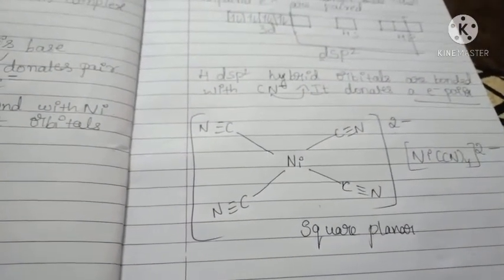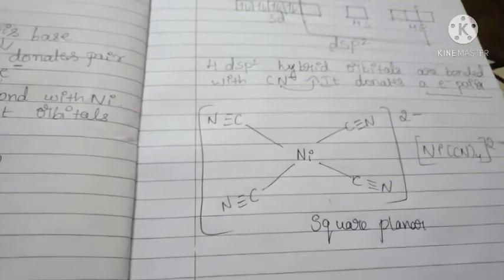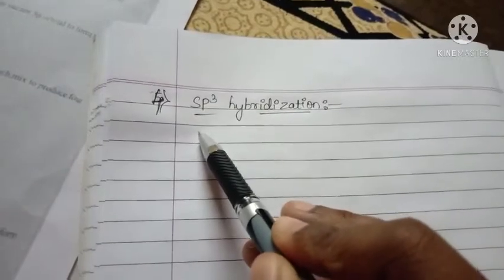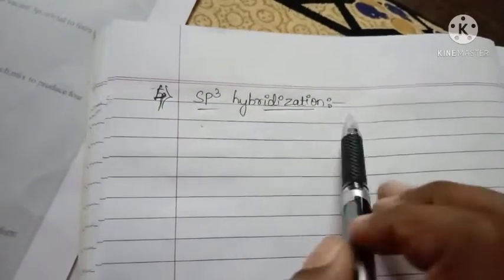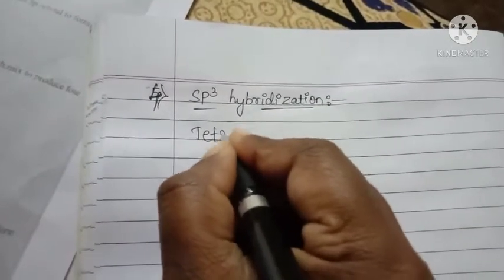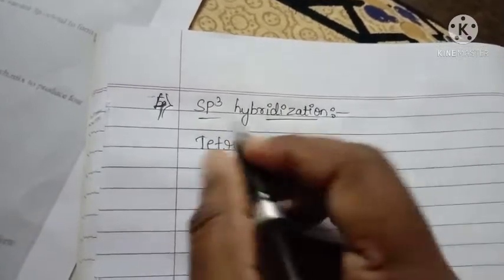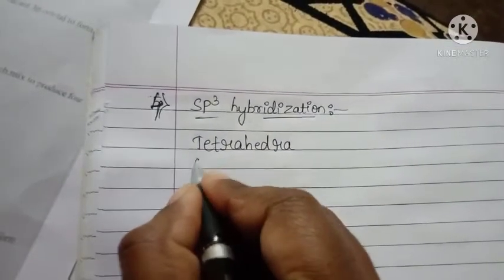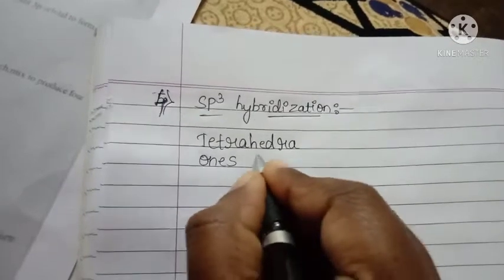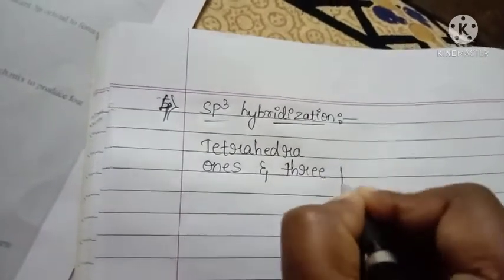Next we move on to the sp3 hybridization. The fourth one is sp3 hybridization. The shape of the molecule is tetrahedral. Here there is intermixing of 1s and 3p orbitals.